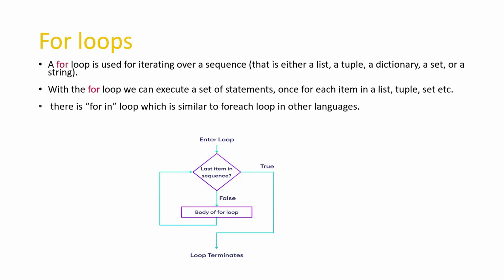For the third character, it enters the third loop. But after the last character, it will terminate. So if it is true, it will terminate. If it is false, it will enter the body of the loop. Whenever it reaches the end of the characters, only then it terminates.